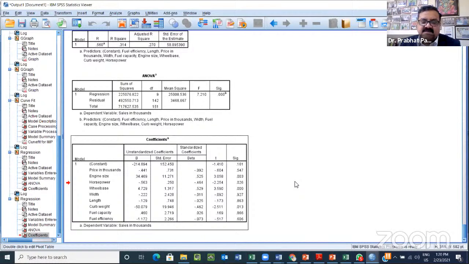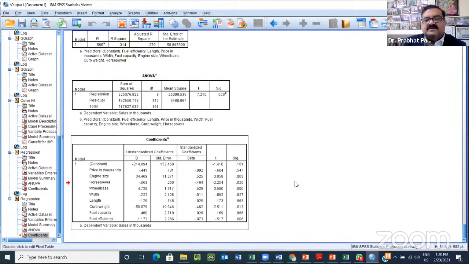And therefore, income, wealth, and assets are themselves correlated with each other. And therefore, the part of the explanation which is coming from income for consumption is also being accounted for by the assets and the wealth. So the same thing which is explained by income is also being explained by the other variables.